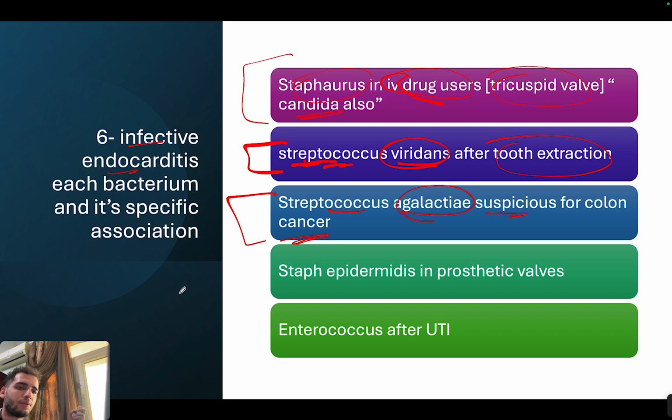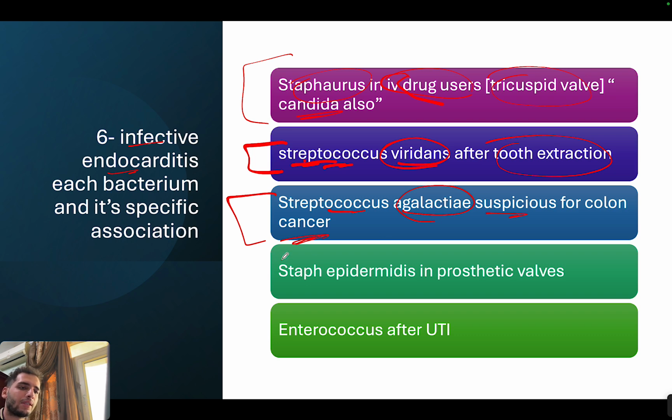Because there is a suspicion for colon cancer. Because Streptococcus agalactiae usually resides in the colon. So when you find it in the blood, affecting the heart valves, then you imagine that there is some kind of malignancy that's somehow invading the colon and causing this bacteria to spread, if this makes sense, okay?